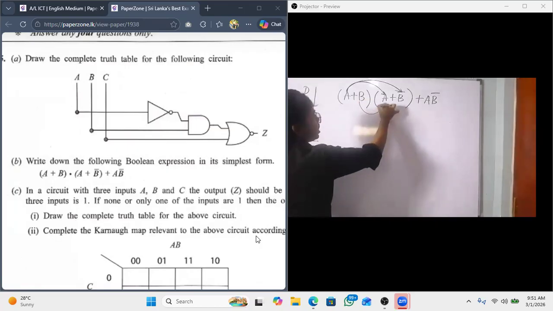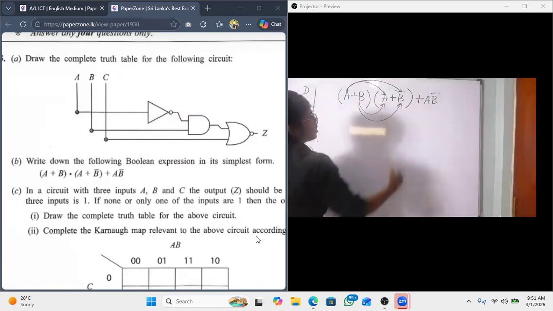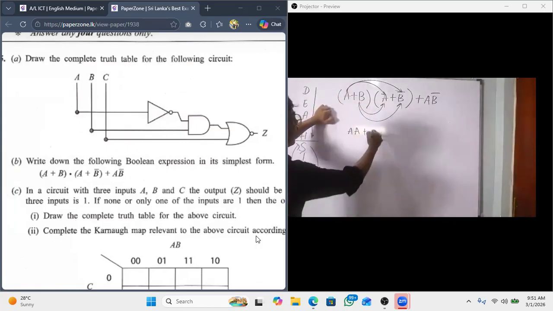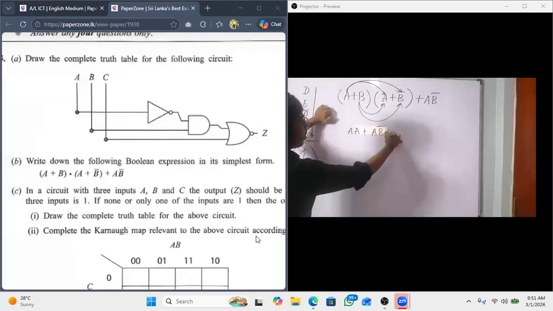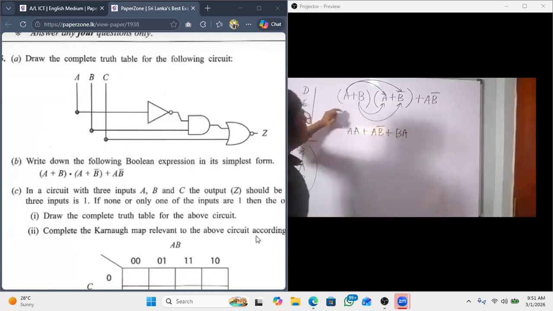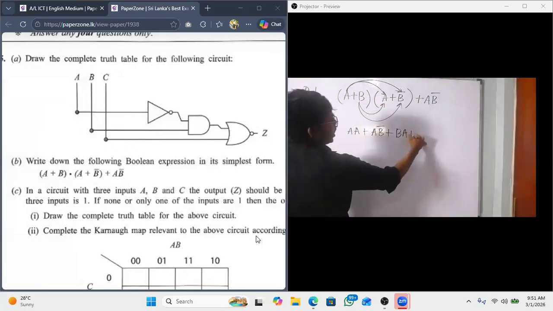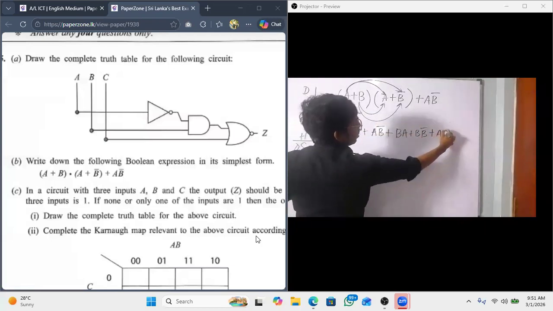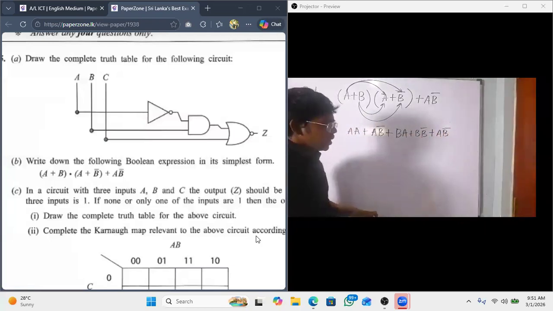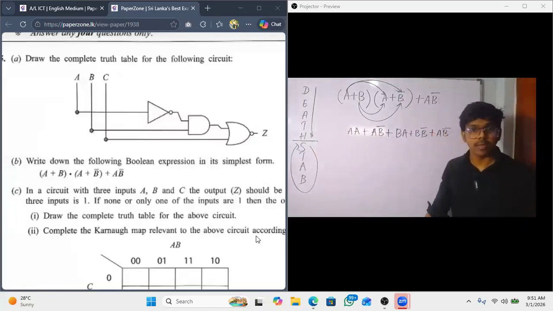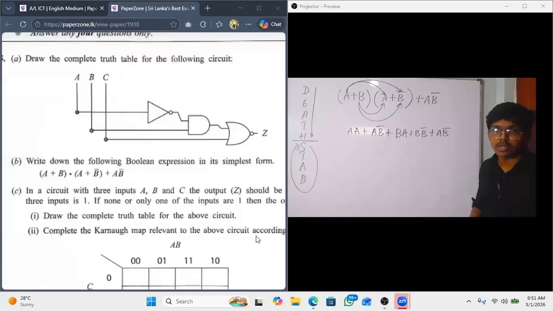A into A, plus A into B bar, plus B into A, plus B into B bar, plus A B bar. We smashed. No confusion. We just destroyed the bracket.